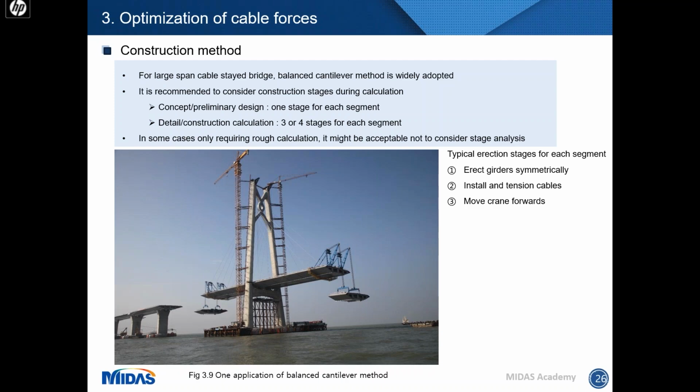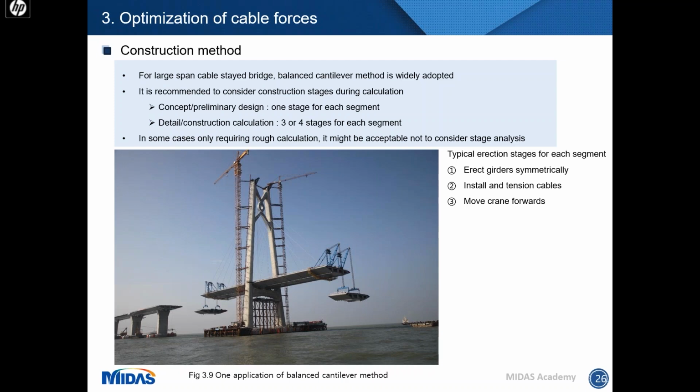The second step is we install and tension cables on that segment. The third step is we move the crane forwards, and then we repeat these 3 steps for the next segment again and again. I would recommend you to always consider construction stages during modeling.